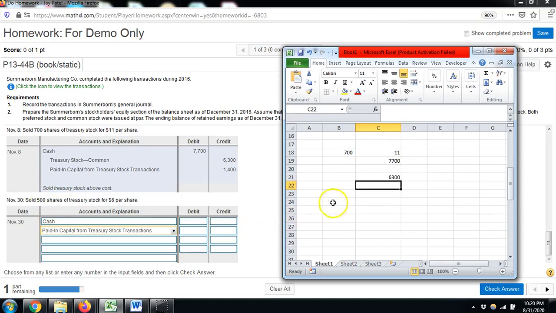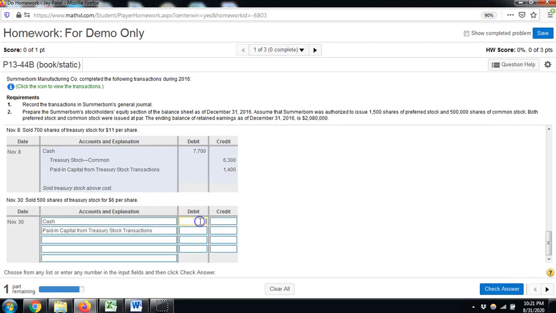So it's 500 shares, and it's $6, and our cost was 9. So the total loss is 1,500 because our cost was 4,500. We're only getting $3,000 of cash, so we actually know what this is.